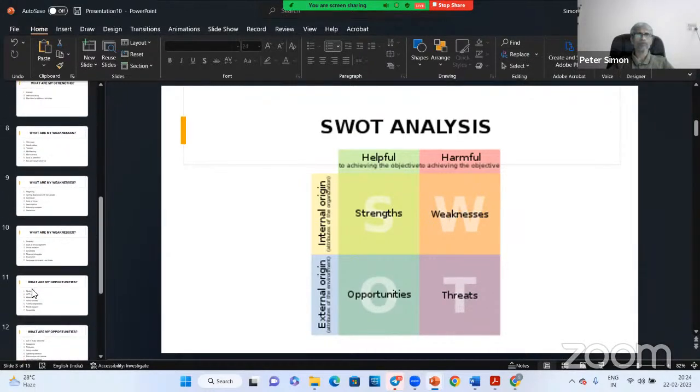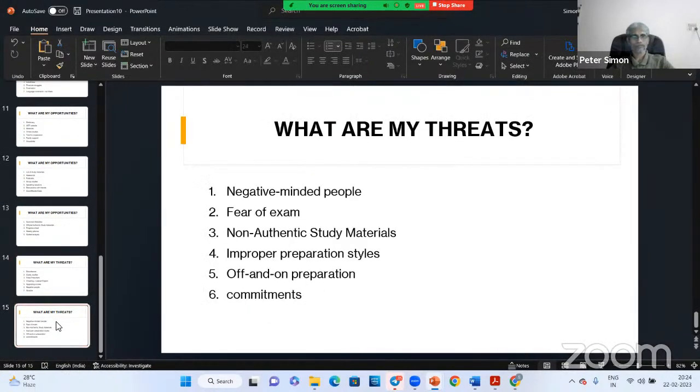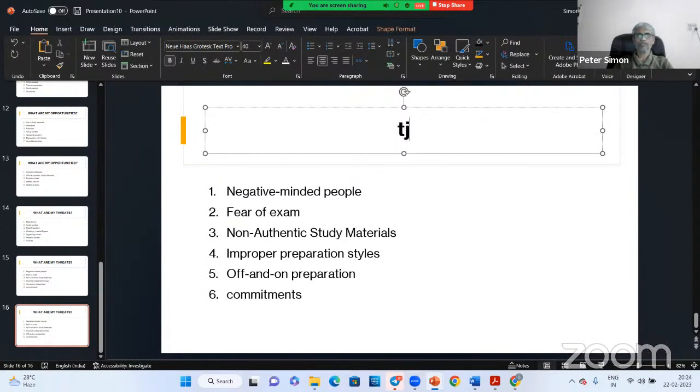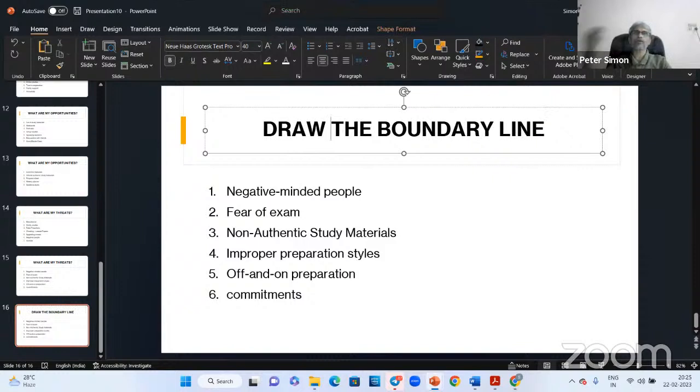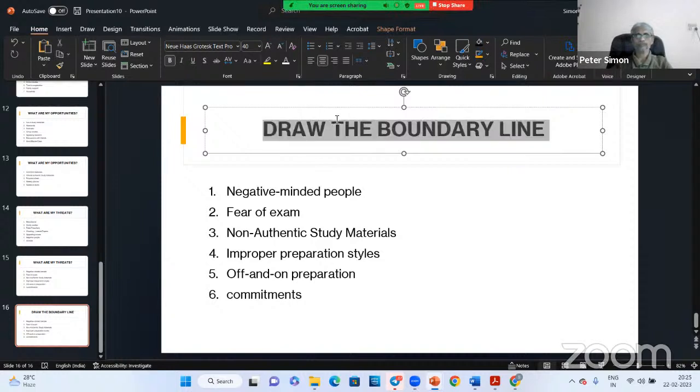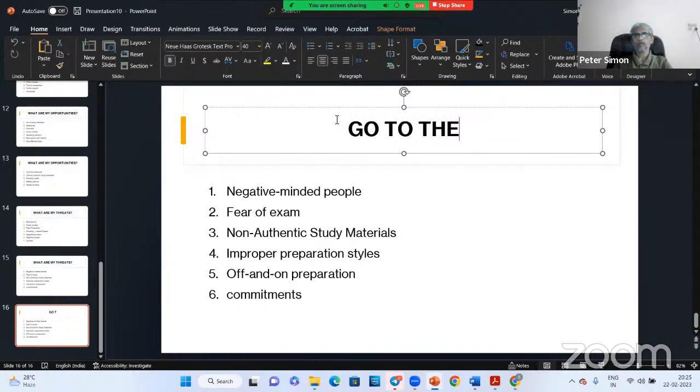Now I'm going to the most important point. The most important concern. Draw a boundary line. Go to the drawing board.